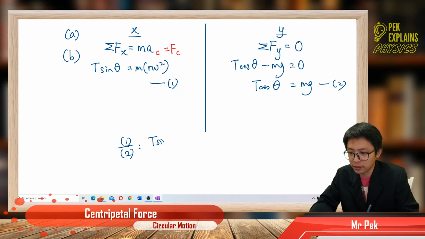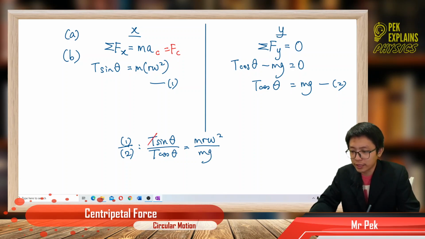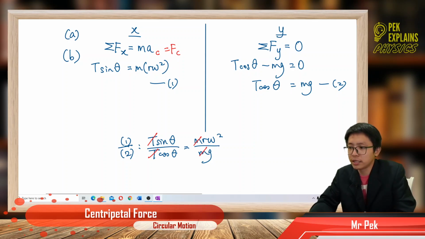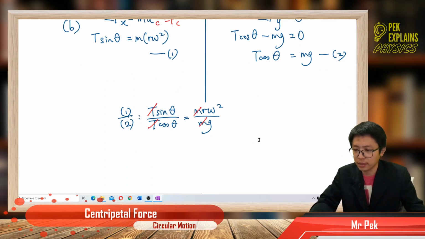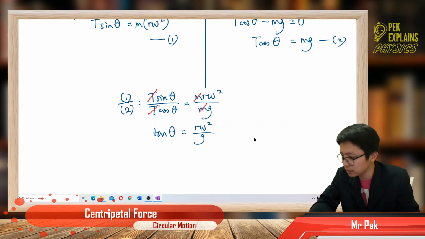So T sine theta divided by T cos theta equals m r omega square divided by mg. Now we can cut off the common terms, the tension and the mass, and sine divided by cos gives tangent. Here we are left with r omega square over g. That's it.